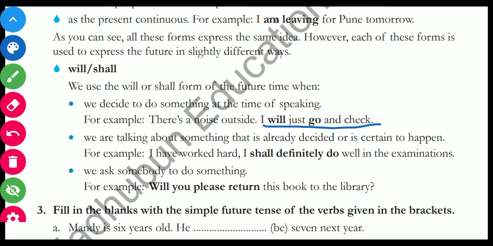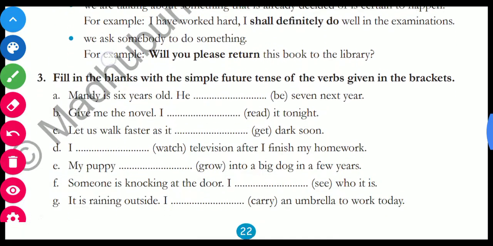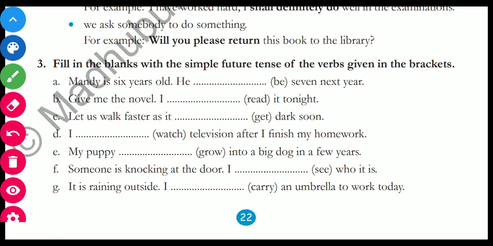Okay, now let us come to fill in the blanks. Mandy is 6 years old. He dash be 7 next year. ठीक है, अभी Mandy is 6 years old, so by next year he'll be 7. So I tell you one thing, that if we're talking about the word be, तो हम बात करते हैं forms of be.